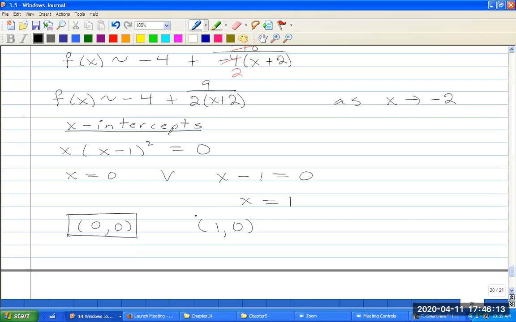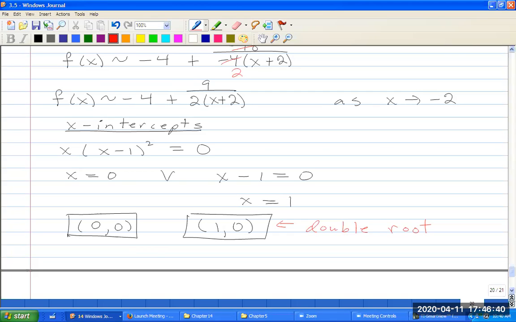And actually, this is important. So this is a double root. Maybe I'll do that in red. And so what that means is that near x equal 1, something will happen.